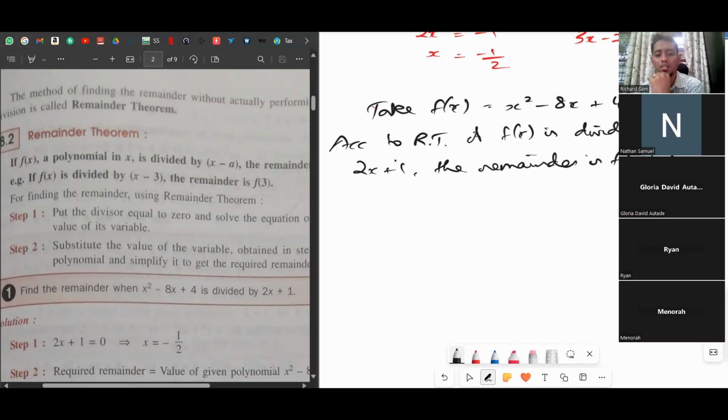See here, Aman, 2x plus 1 is equal to 0, you have to take. You should do this on the side if you're not getting it. Take the plus 1 to the right. So then it will become 2x is equal to minus 1. Then x is equal to minus 1 upon 2, that's the value here. This is on the side, not to be shown.